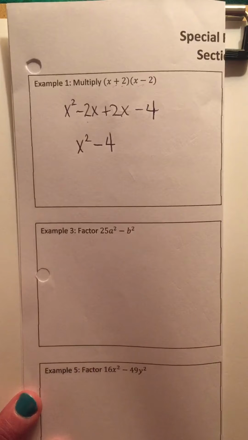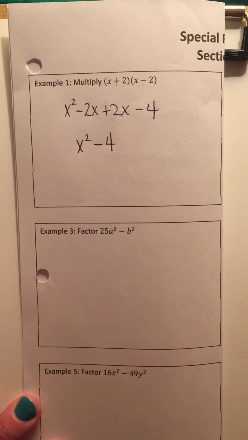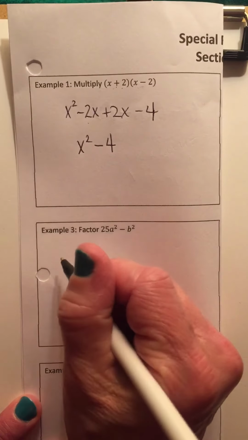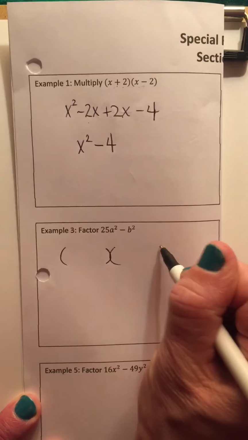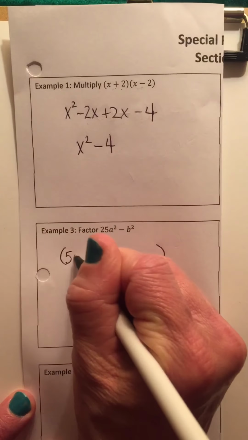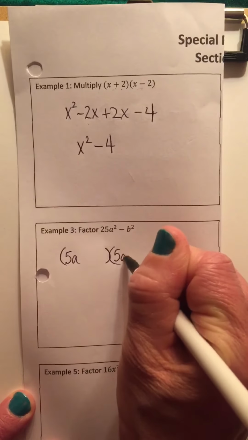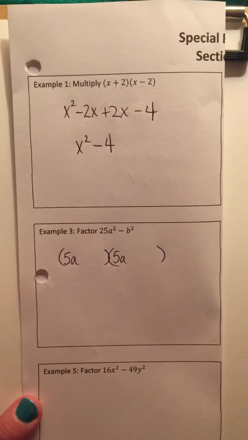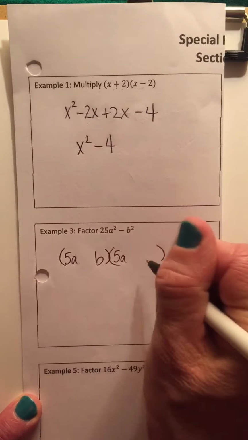Example 3, we're factoring 25a squared minus b squared. 25 is a perfect square, so we can do 5a times 5a to get 25a squared. To get a minus b squared, it's going to have to be b times b.